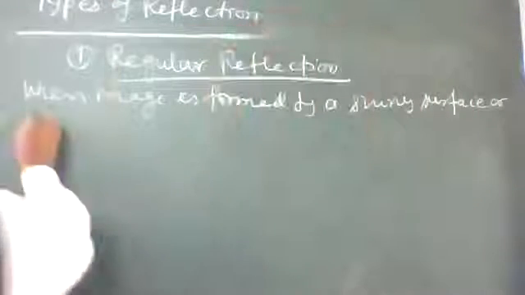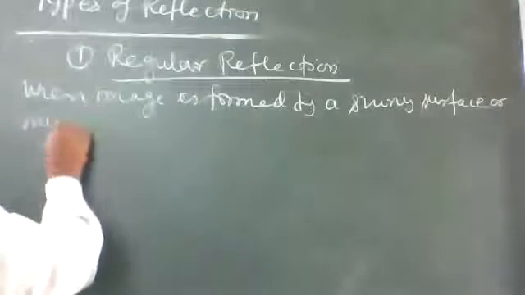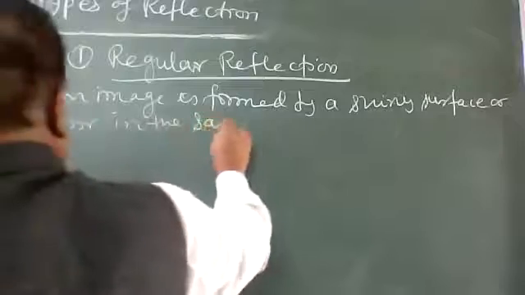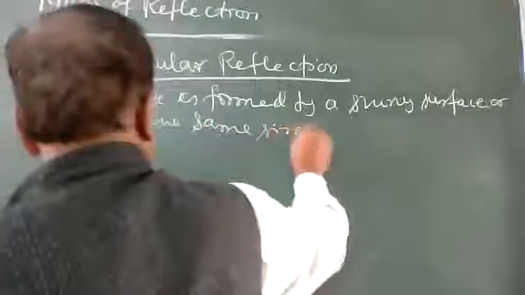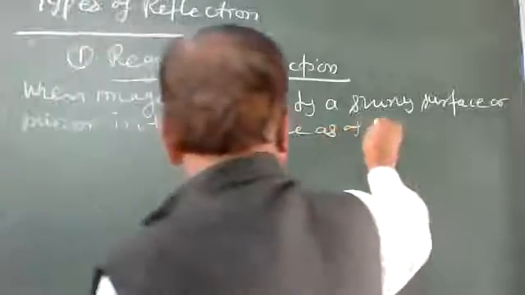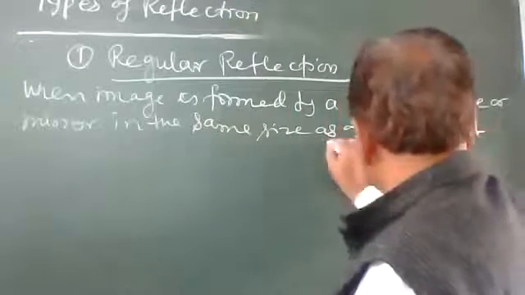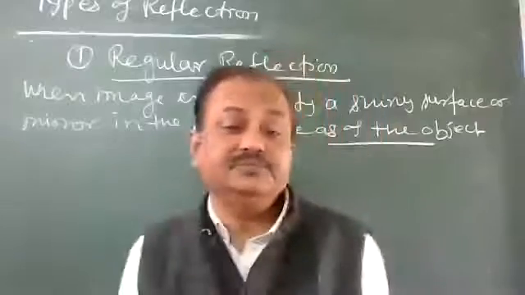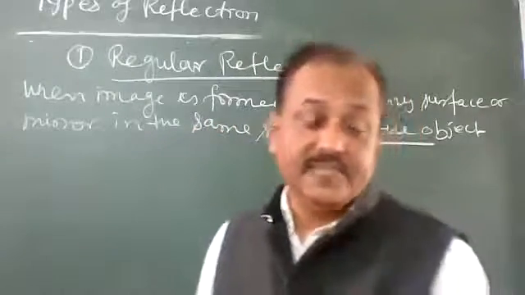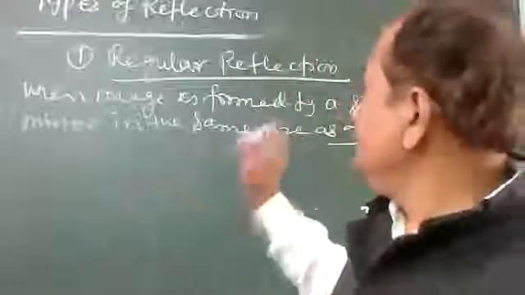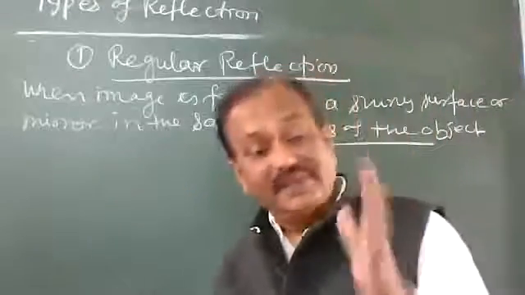in the same size as the object. So this type of image is called regular reflection, and so there is the regular image.